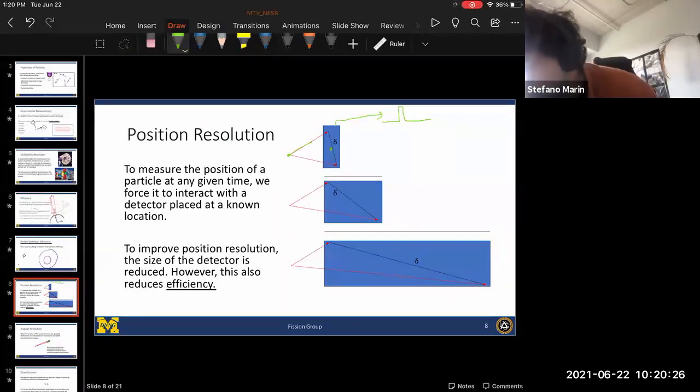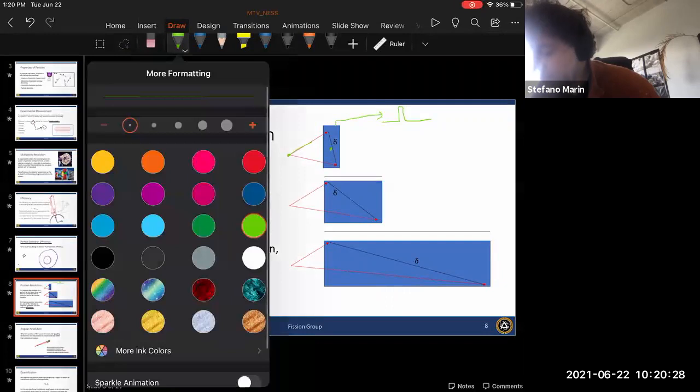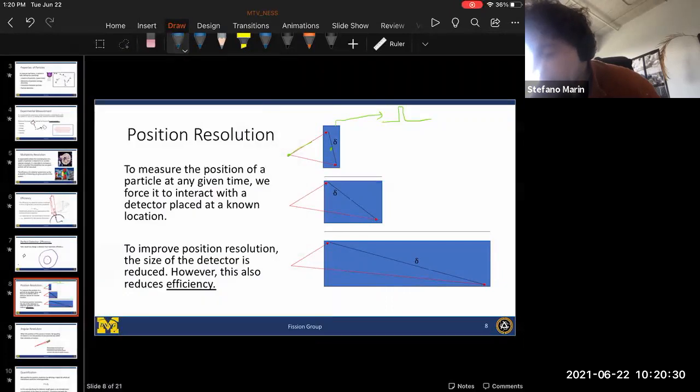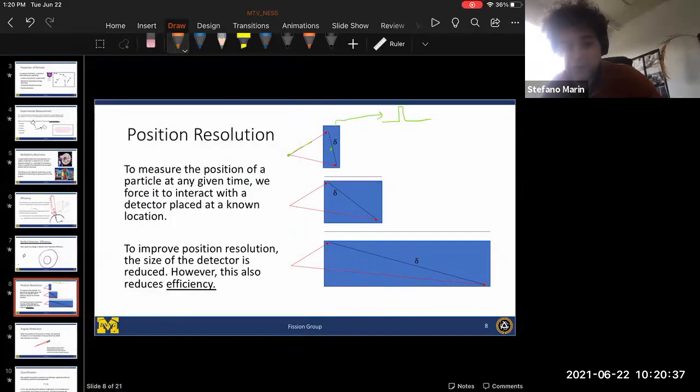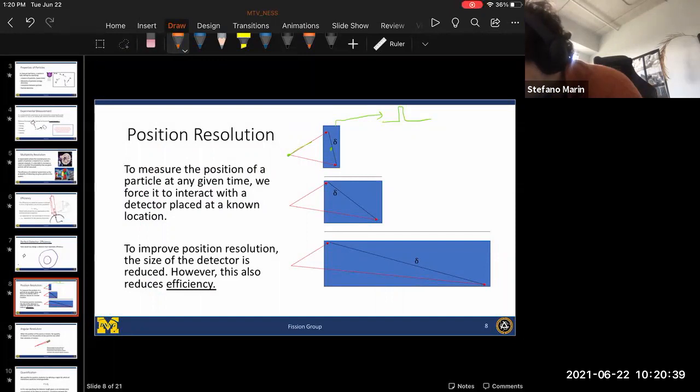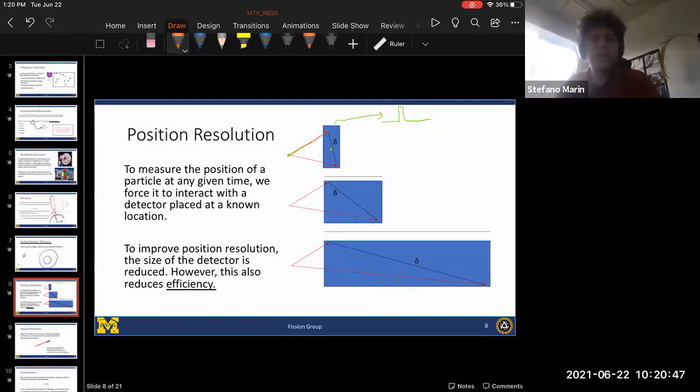However, in reality, if we had some supernatural power to reconstruct and always know where the interactions are taking place, we could know whether the particle is interacting on this corner here, on that corner there, on that corner there. So you can see that there is going to be a spread of where the particle actually is interacting with respect to where we are assigning the particle interaction to take place.